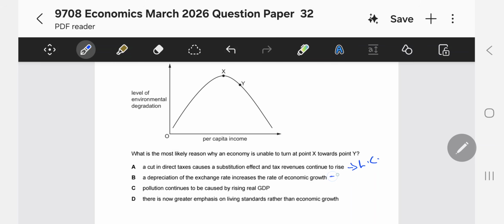This one doesn't talk anything about pollution, so I'm going to ignore it. C, pollution continues to be caused by a rising real GDP. This one could be true. And then part D, there is now greater emphasis on living standards rather than economic growth. This one is actually saying we're going to be able to move, but the question is saying we are unable to move. So I'm going to go with C here.